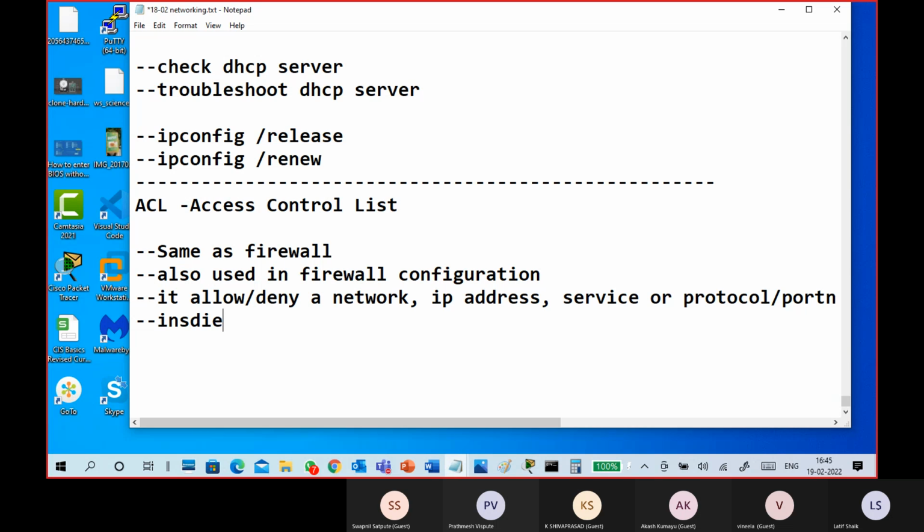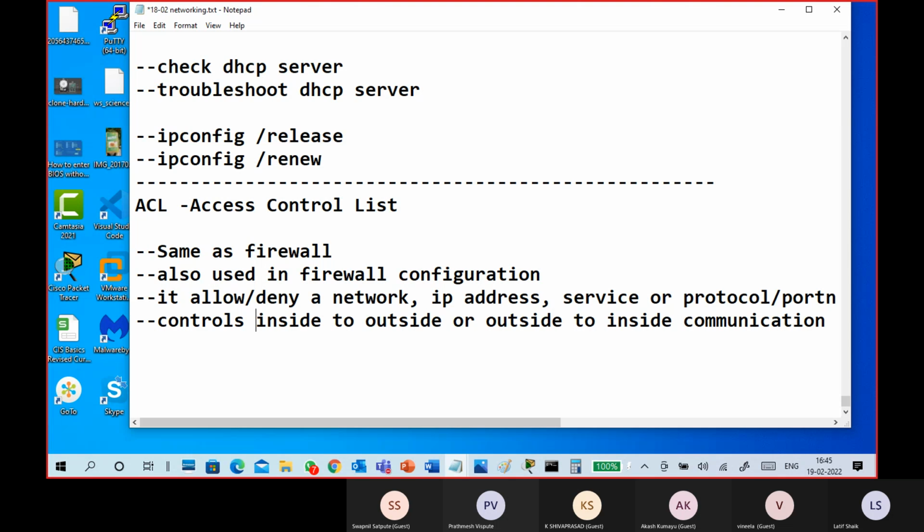It controls inside to outside and outside to inside communication.